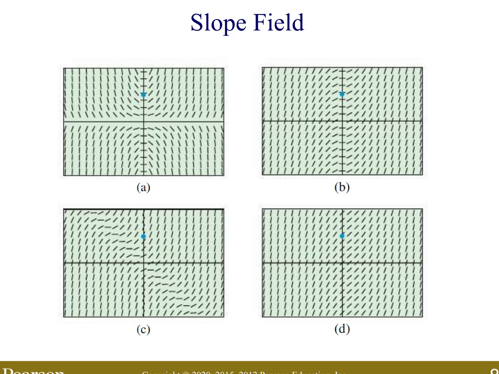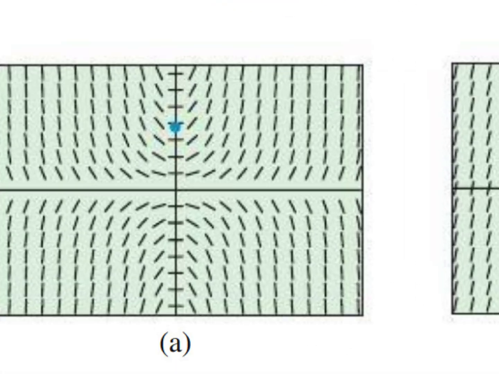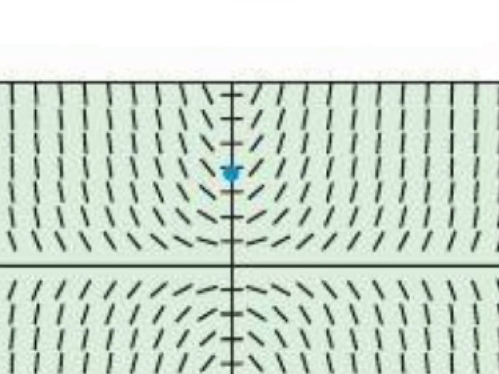Okay, go ahead and try that. And try not to hit any of the slope field lines as you're doing it. Okay, try and navigate through those if you can.